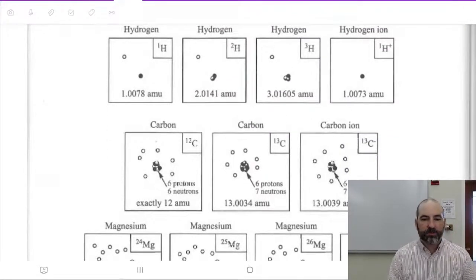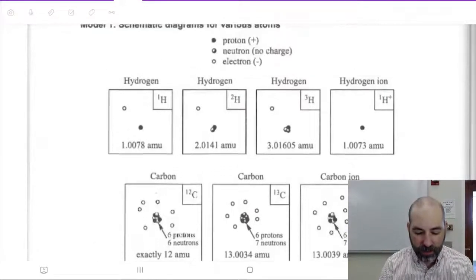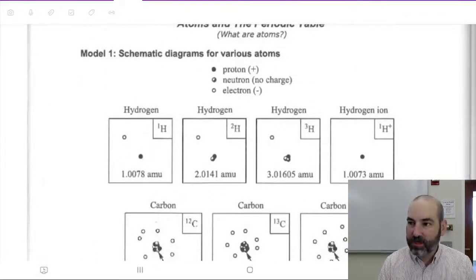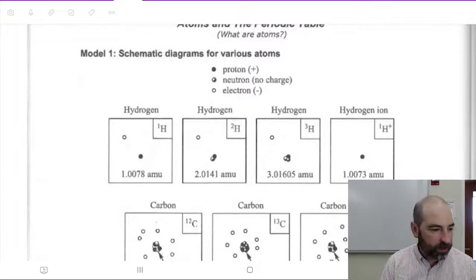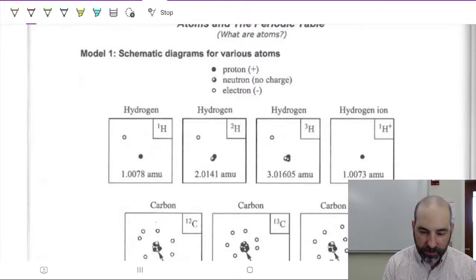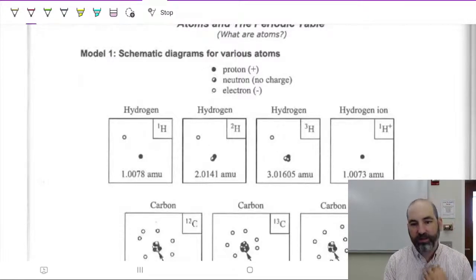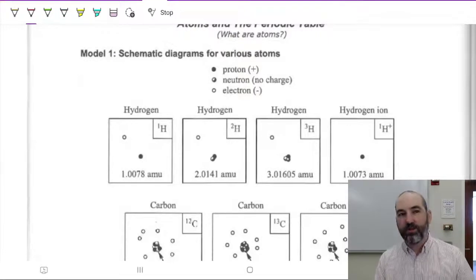So they've used some different colored circles to represent different particles in atoms, and they've given you a key about them. So they've said protons are these ones here, then you've got neutrons and then electrons. It doesn't really tell you what those things are yet, and that's okay.